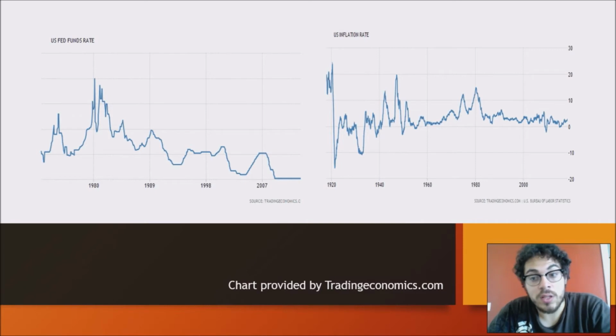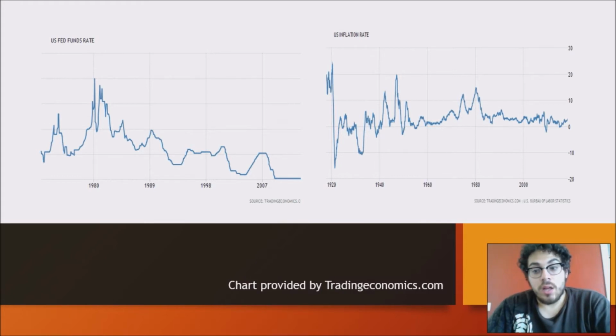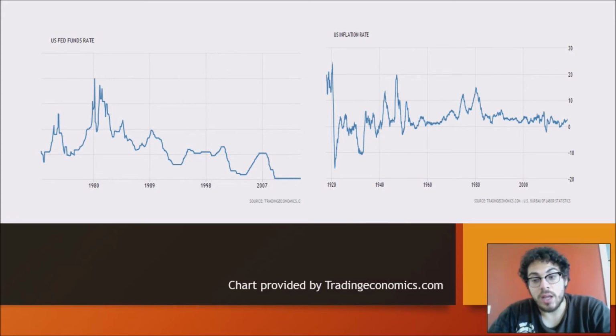So it's important to see what is going to happen now after 10 years of low interest rates, because for 10 years the market has been going up. Our economy has been going up. And many things in the market are overvalued.